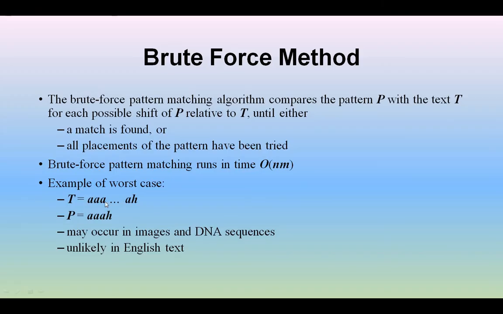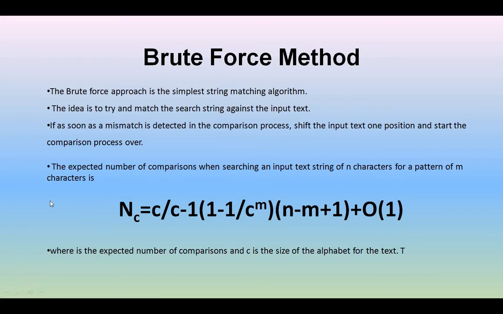The text is given as AAAH, and there is a gap, and it can be shifted to the previous position as AAAH. The brute force approach, as we already said, is a simple string matching algorithm. By using this particular formula, it works. The basic idea is to try to match the string against the input text.